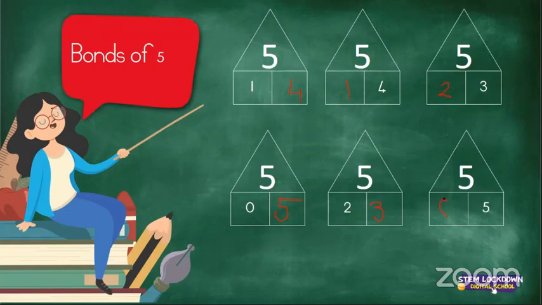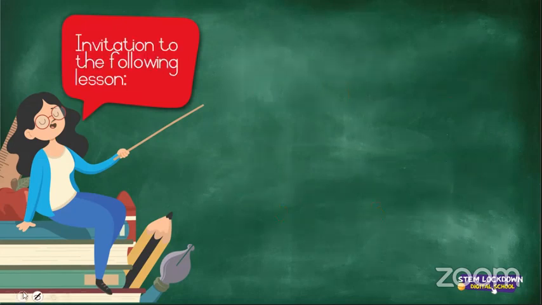Why am I putting 0 over there, in the window? Because 0 plus 5 equals 5. That's it. Very good. Well explained. Very good, boys and girls. Well done. And now we have come to the end of our lesson, boys and girls.